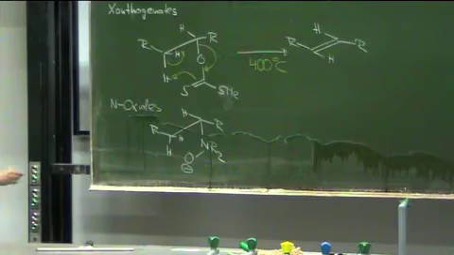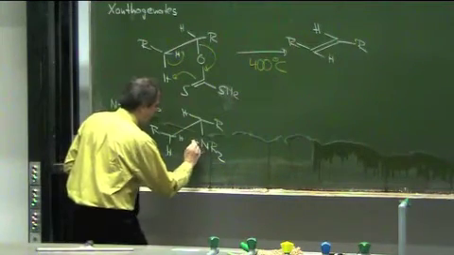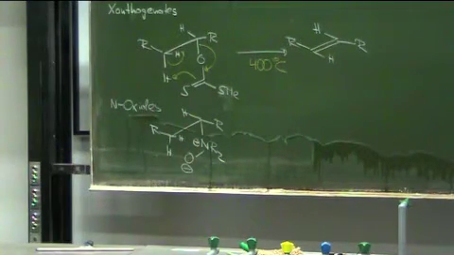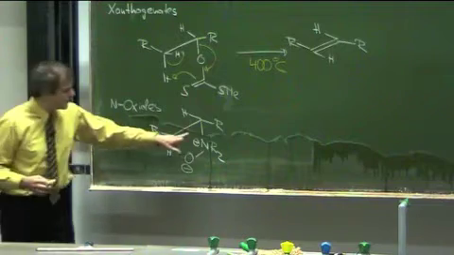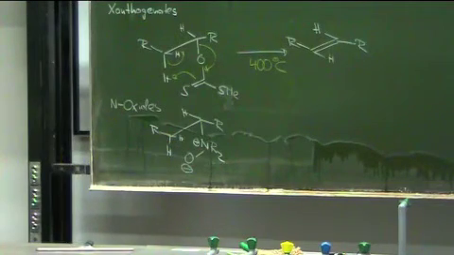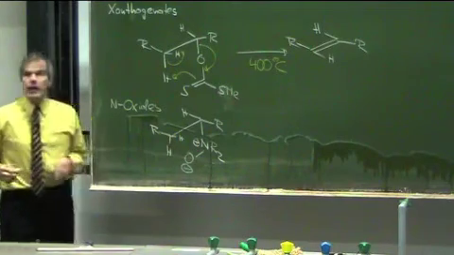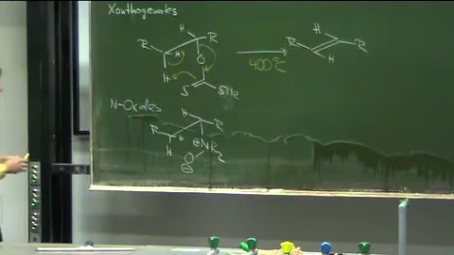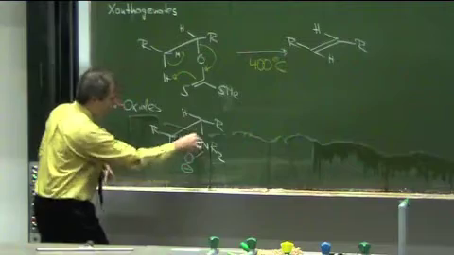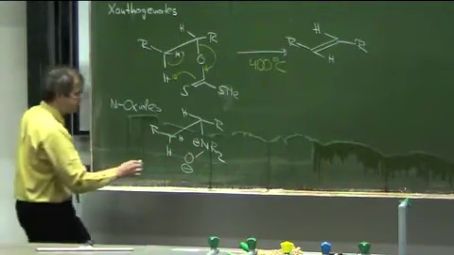So in a situation like this, we talked already about leaving group when we had a trialkyl ammonium group here. But such types of N-oxides can also be formed by oxidizing amines.